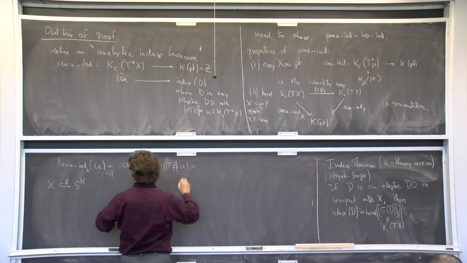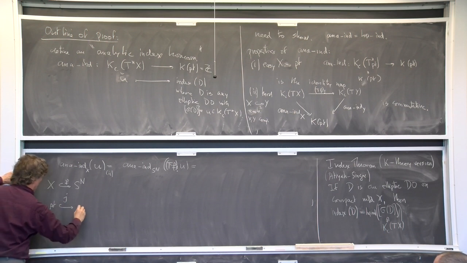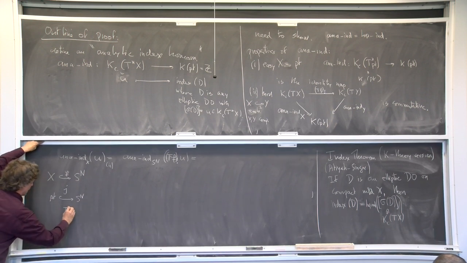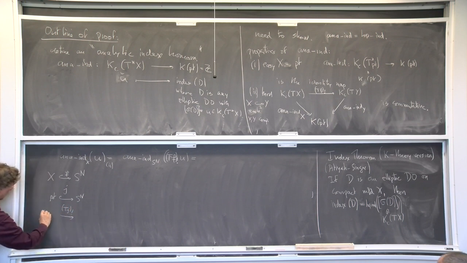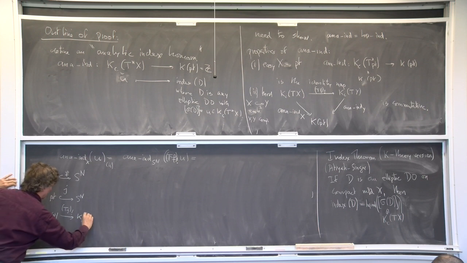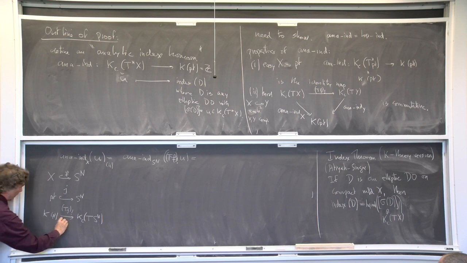Now let me again use this embedding of a point into S^n, call this J. And then I have the corresponding Tj shriek. That's a map from K-theory of a point into K-theory with compact support of the tangent space of the large N sphere. And the point here was that it is an isomorphism.